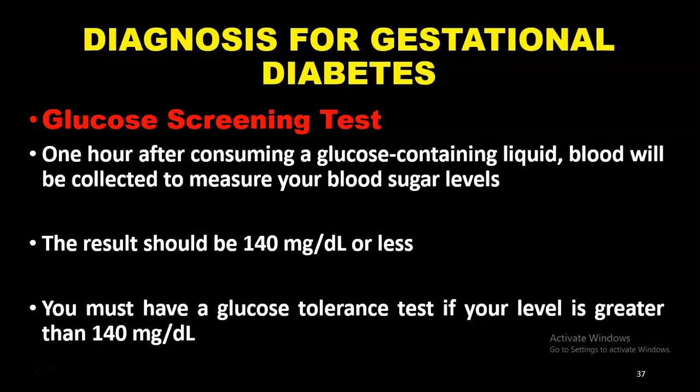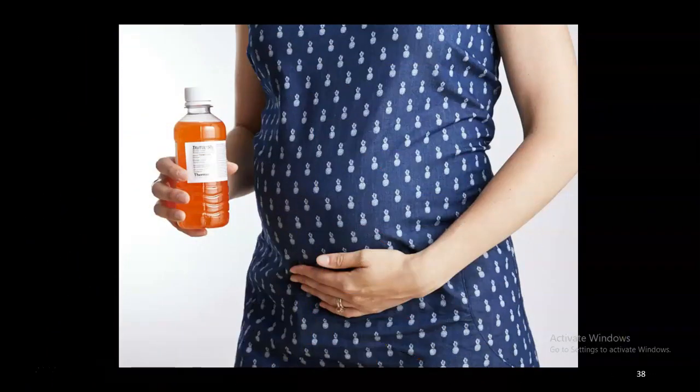The results should be 140 mg per deciliter or less. You must have a glucose tolerance test if your level is greater than 140 mg per dl. So you first consume a glucose containing liquid, and that's what you can see from this picture.